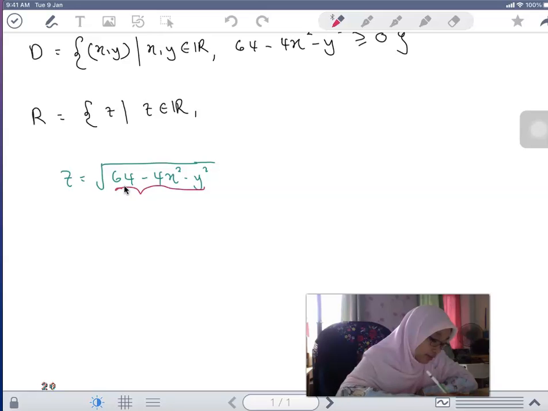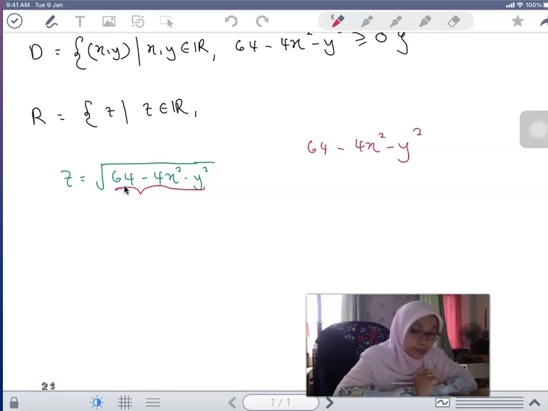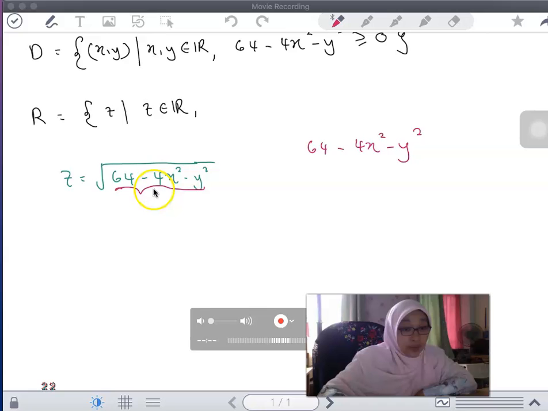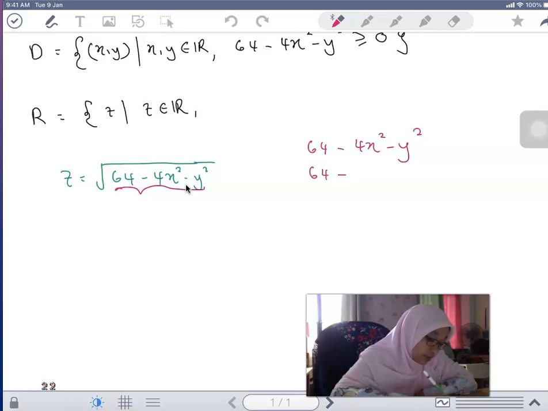We have 64 minus 4x squared minus y squared. Now we want to see what is the possible value that we can have only for the value inside the square root. So here we can rearrange this. We can factorize the negative: 4x squared plus y squared.